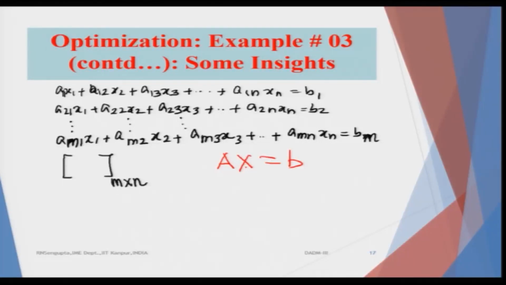So, how do we solve it? Using a very simple concept of matrix multiplication. What you actually do is either pre-multiply or post-multiply A by its inverse.